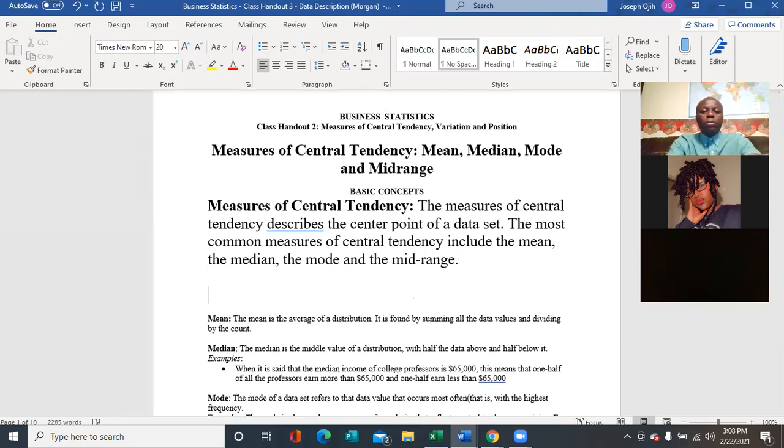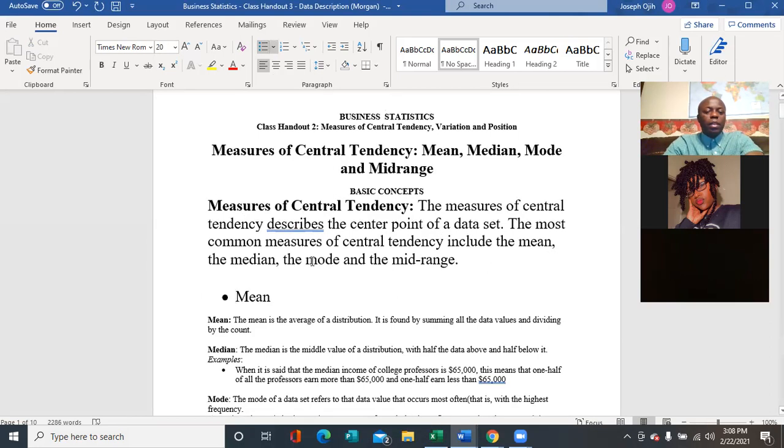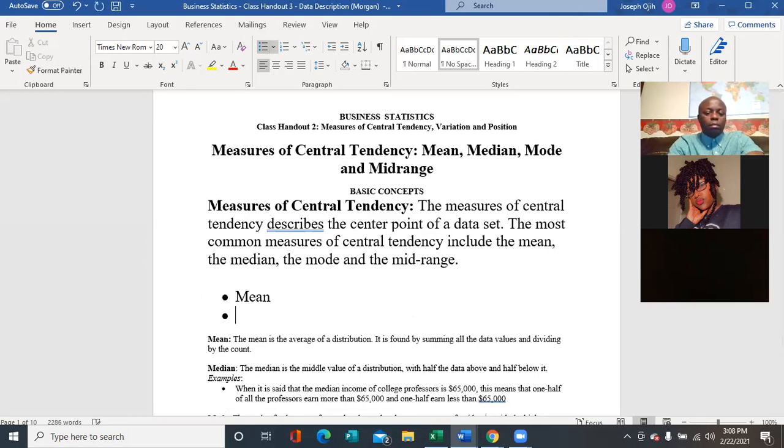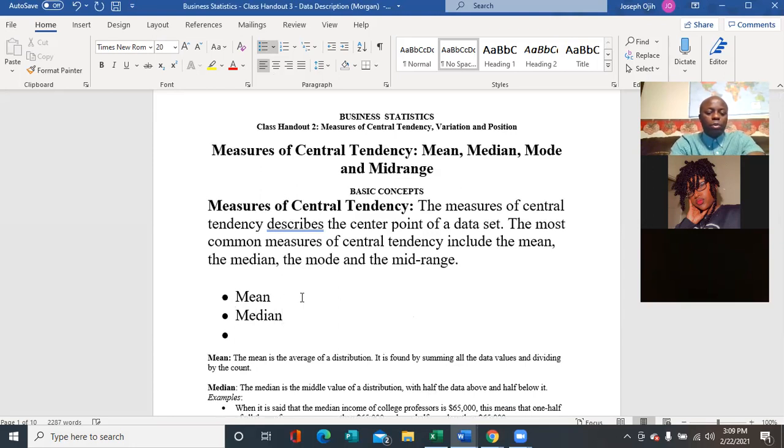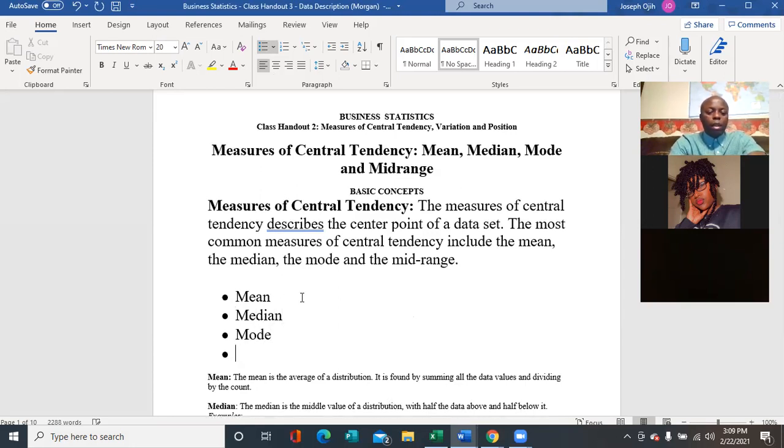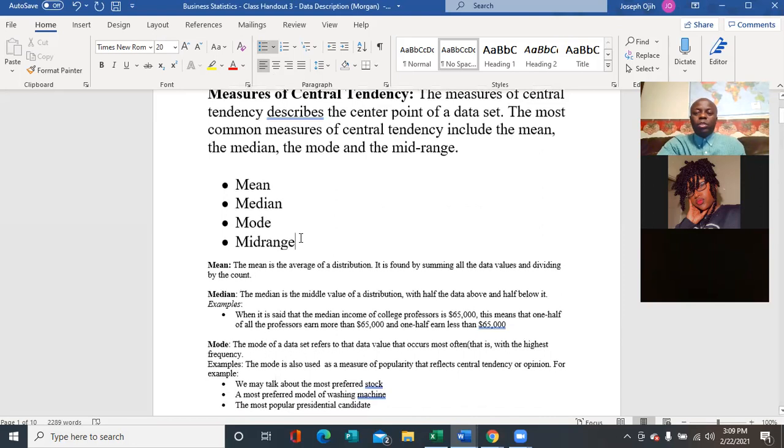Those measures include the mean, the median, the mode, and the mid-range. So these are those measures we use to describe the center point of a distribution.